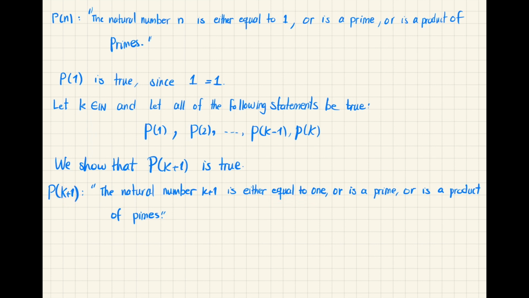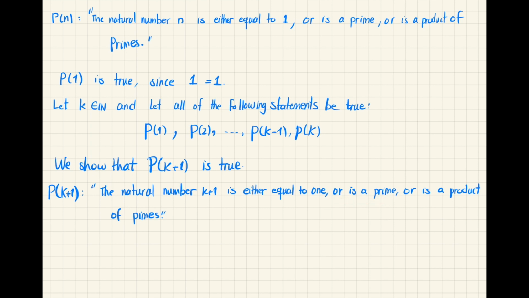It is actually false, yes, because when k is a natural number, k plus 1 starts from at least 2, so it cannot be equal to 1. Okay? But still, there is a chance that this statement in total is true. Now I am telling you that if you accept that k plus 1 is a prime number, then we are done.